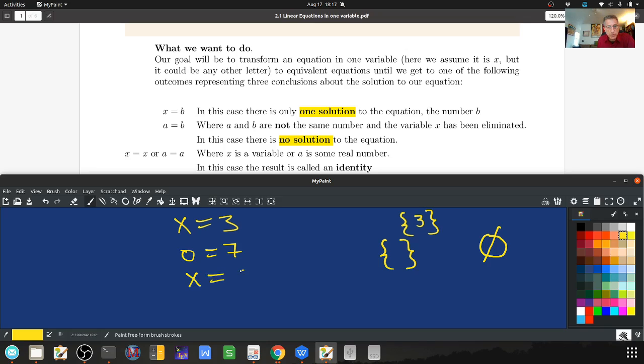X is equal to x, where x is our actual variable. Or something like 5 is equal to 5. In that case, the solution set is the set of all numbers.